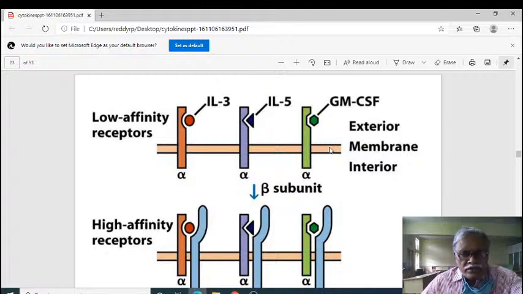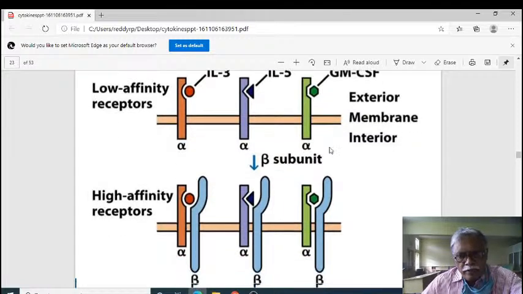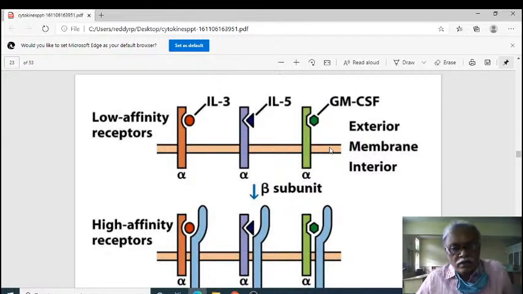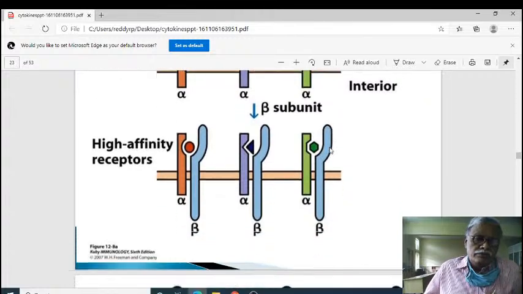So the low affinity receptors are all interleukin 3, 5 and colony stimulating factor, which will be attached to the exterior of the membrane of the cell, and interiorly you have the beta subunit, alpha interferon.